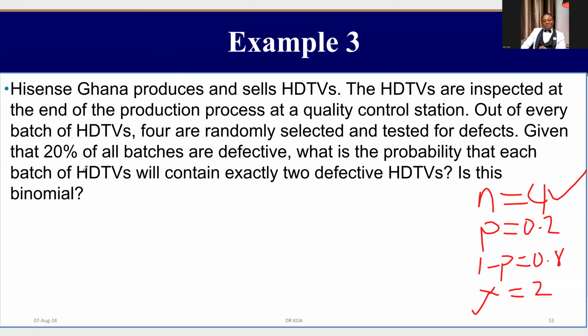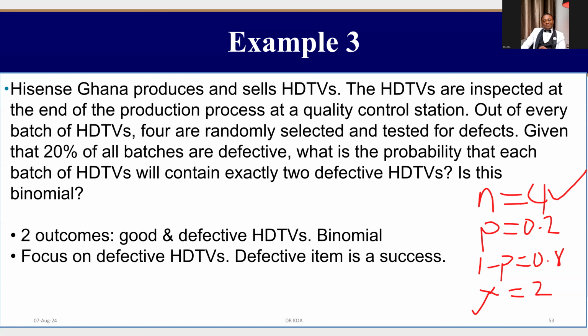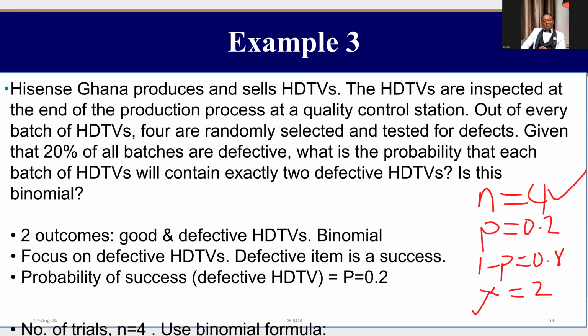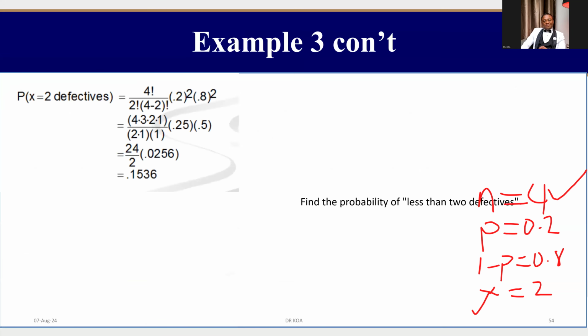At this stage, you just substitute them into the formula and then calculate it. When you substitute it in the formula, you will notice your answer. So you find your answer this way. And again, just go and substitute. You will know that the chances of you getting 2 out of the 4 being defective is about 15%.